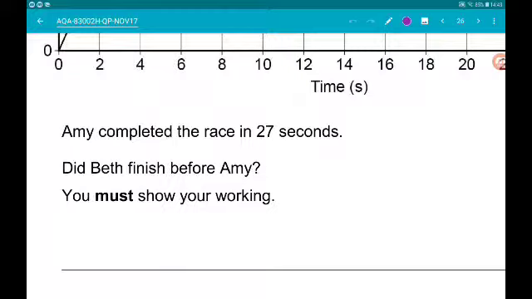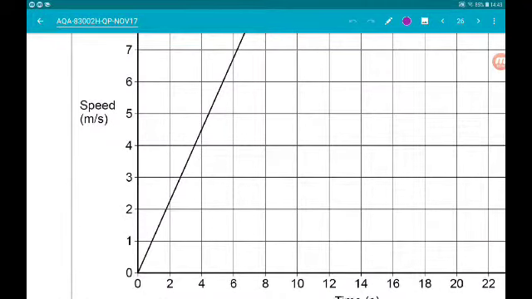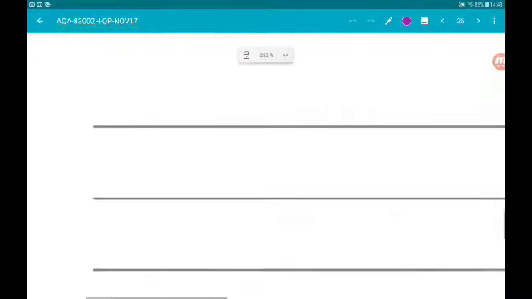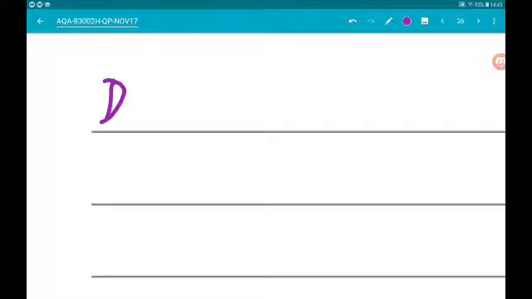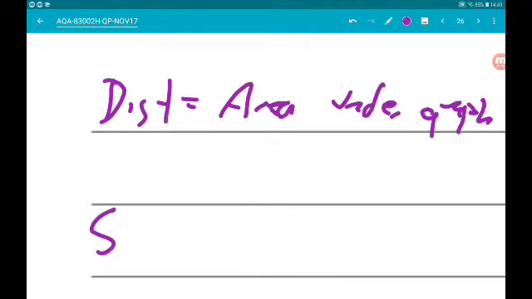Did Beth finish before Amy? We must show our working. So we got time along the bottom, speed up the side. So what we need to remember here is that distance is the area under the graph, and also speed is distance over time. It's going to help us too.